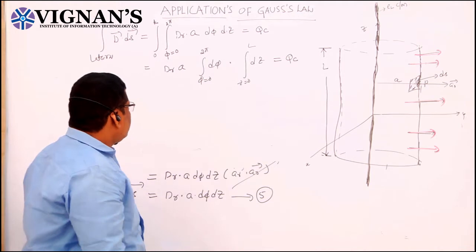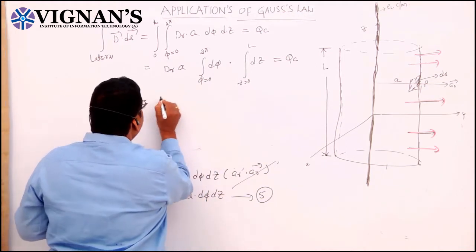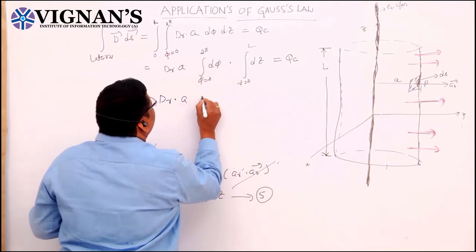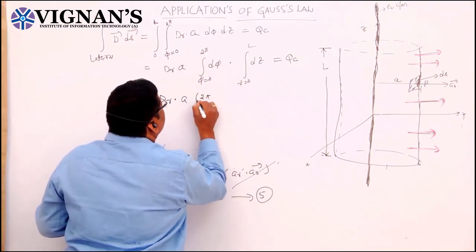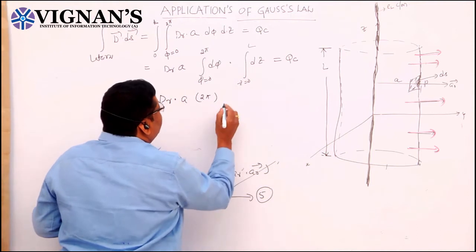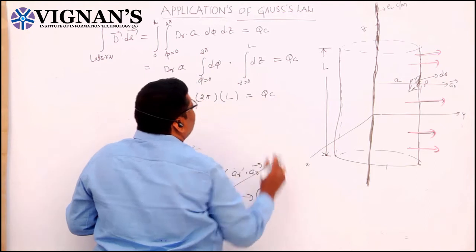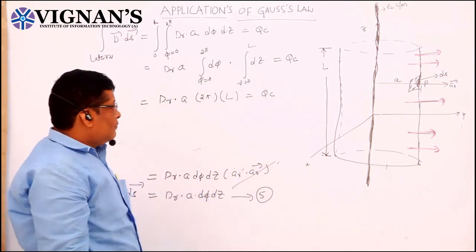Now we complete this integration. This is equal to Dρ into ρ. Completing the integration of dφ, we get the value 2π. Completing the integration of dz, we get the value L. This is equal to the charge enclosed by the Gaussian surface Qc.